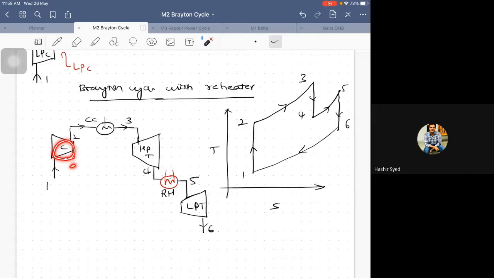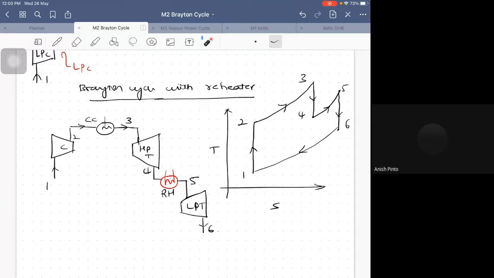Out of which, which type of process takes place in a compressor? Compression. Compression process, right?